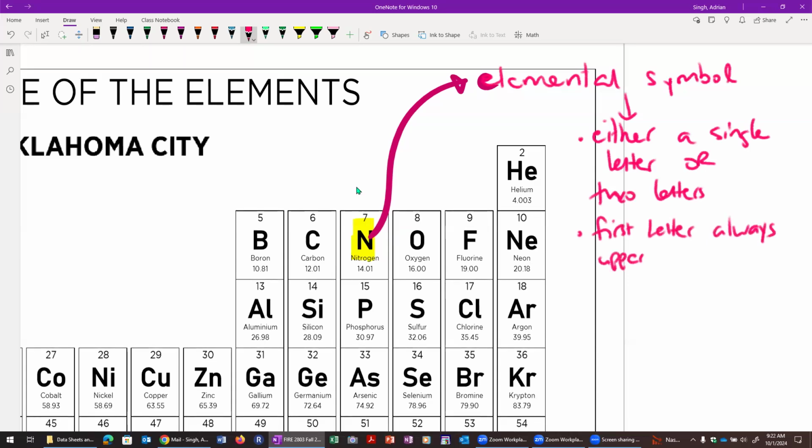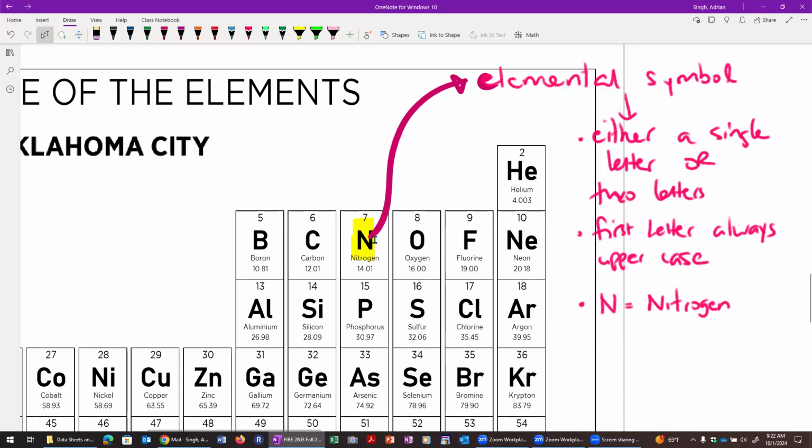And if there is a second letter, it has to be lowercase. Okay, so for example, N is the symbol for nitrogen, and it's an uppercase, not lowercase. There's no lowercase n on the periodic table as a symbol for an element.